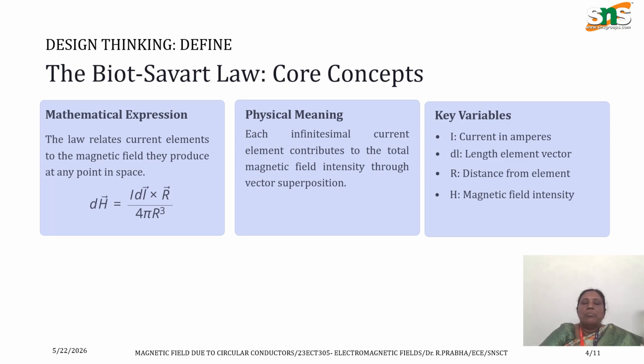For its physical meaning, we identify each infinitesimal current element for the calculation of total magnetic field intensity using the superposition theorem. The key variables here are I, the current in amperes, dl, the length element vector, r, the distance, and H, the magnetic field intensity.